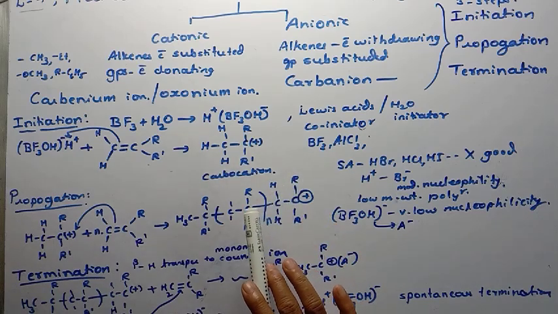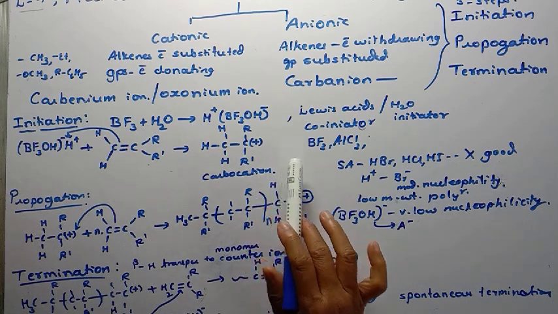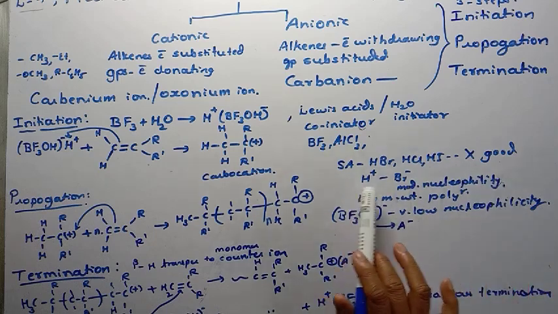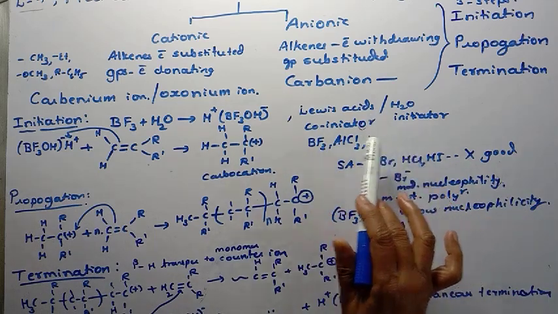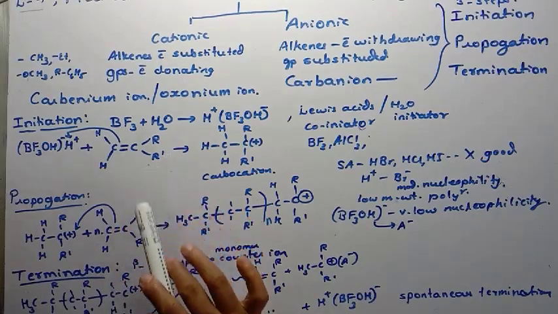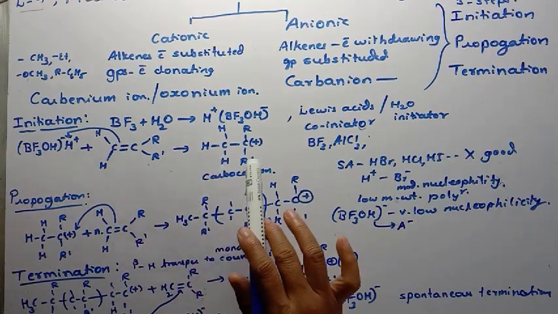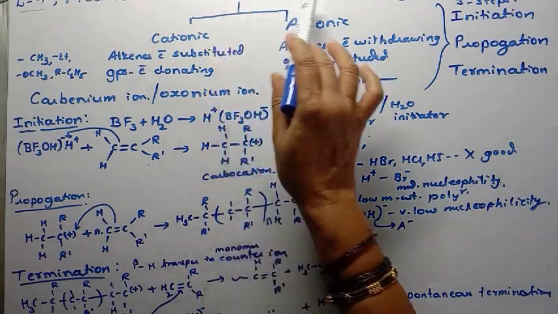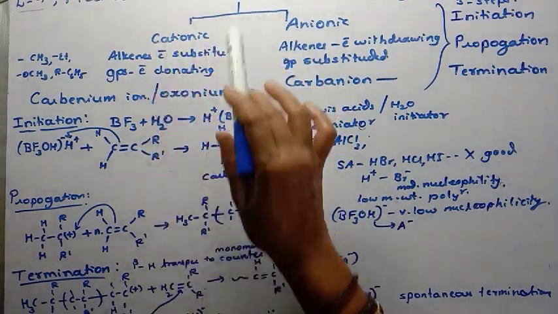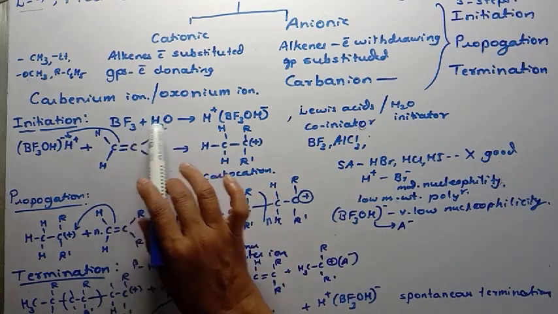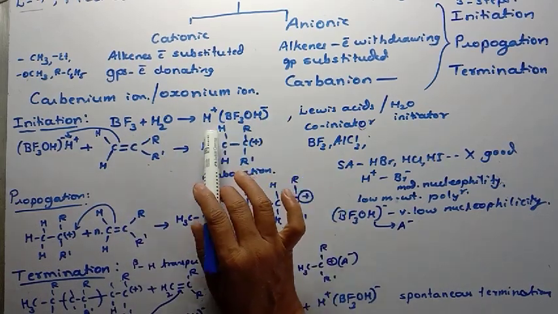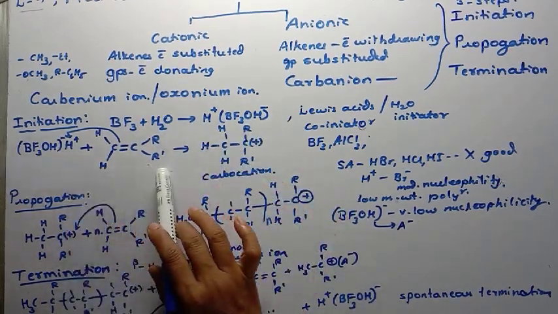Thereby we get polymers with very low molecular weight. That happens when we use such Bronsted acids. Therefore, Lewis acids are preferred as initiators in cationic polymerization.